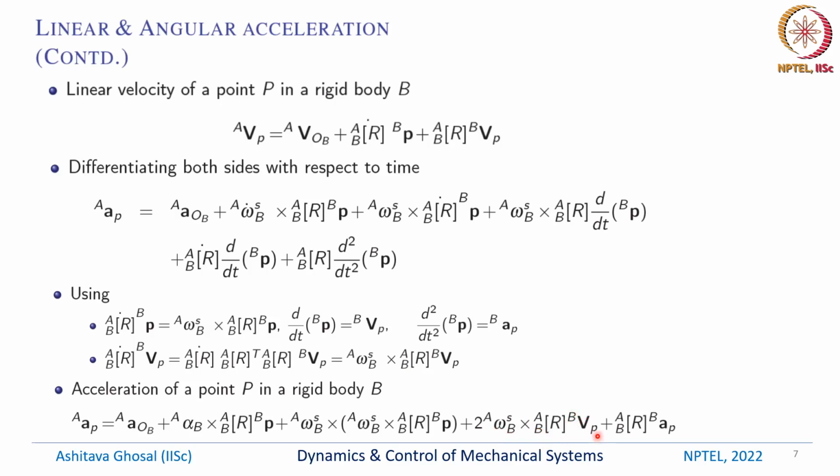This is the velocity of the point in the B coordinate system, and this is the acceleration of the point in the B coordinate system. So there are 1, 2, 3, 4, 5 terms in the acceleration of a point in the A coordinate system when this rigid body is translating as well as rotating.